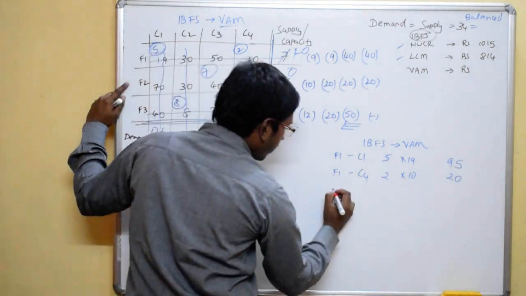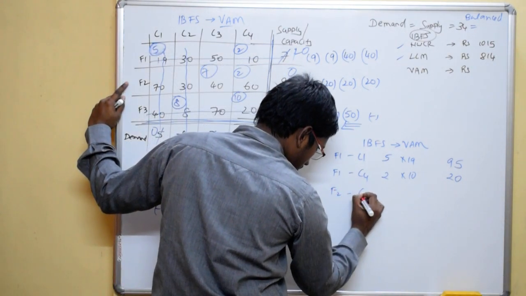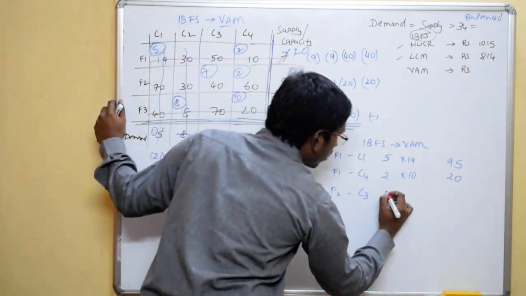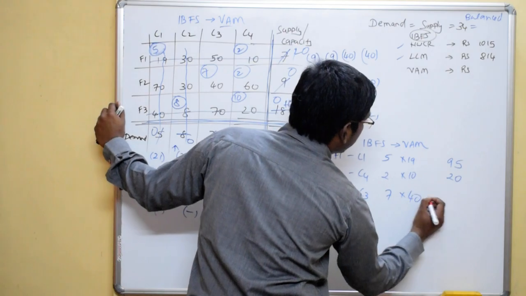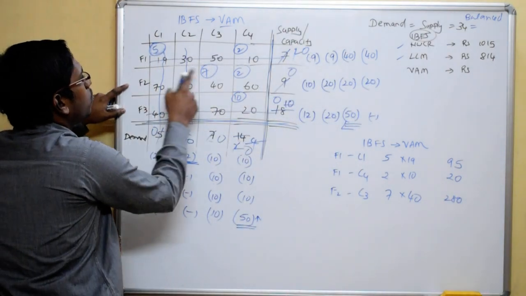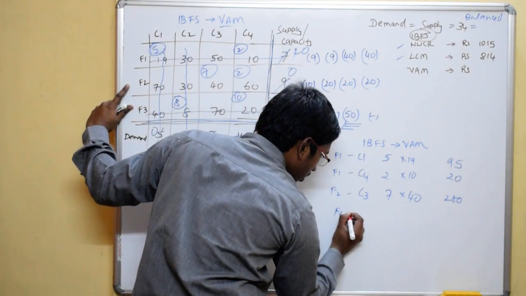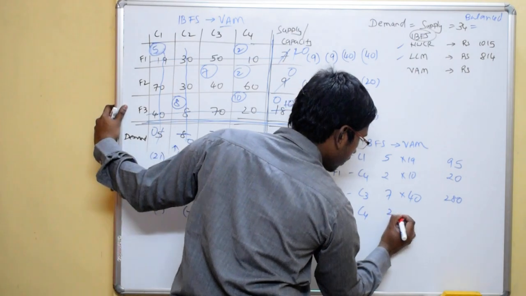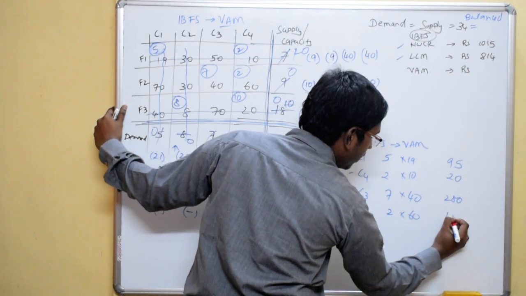F2 to C3 is 7 units at the rate of 40, so that is 280. F2 to C4 is 2 into 60 is 120.